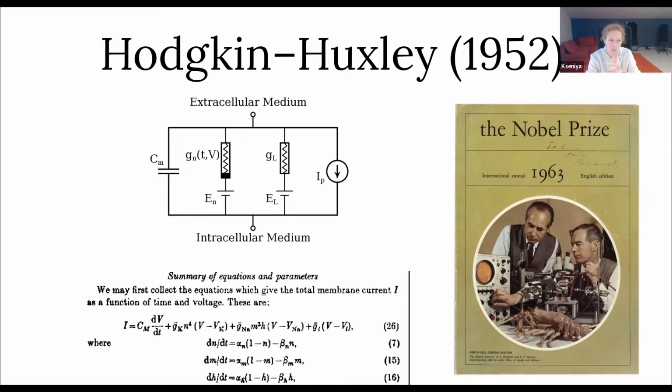They just thought that there are some ion channels, but they couldn't find them, because they didn't have any methods to recognize these molecules. And of course, they also received the Nobel Prize for the discovery in 1963.